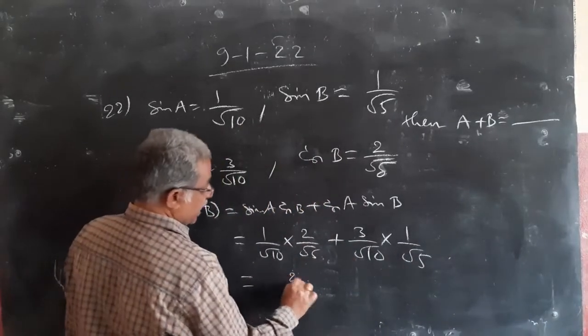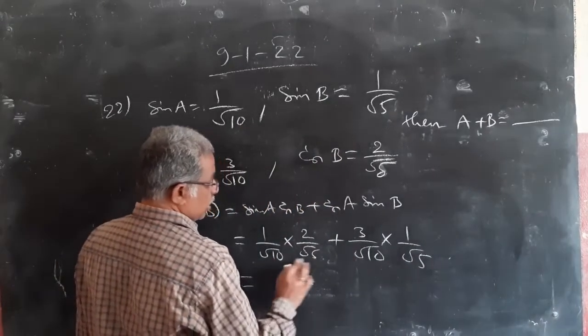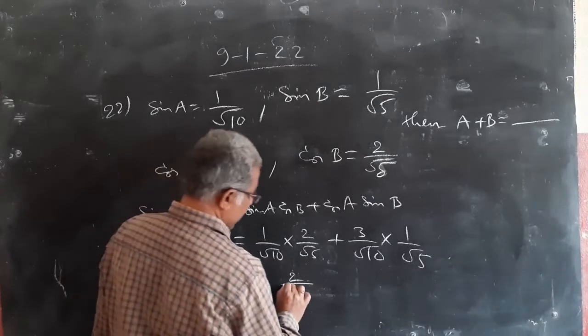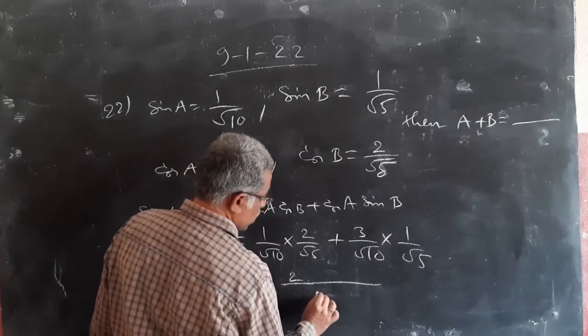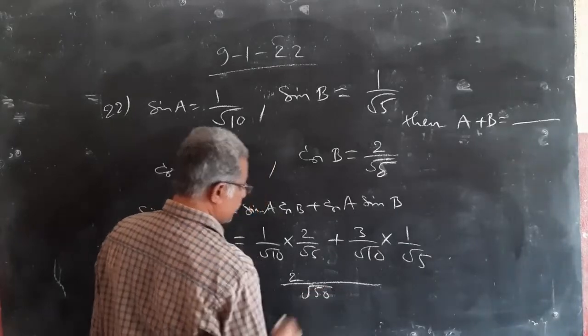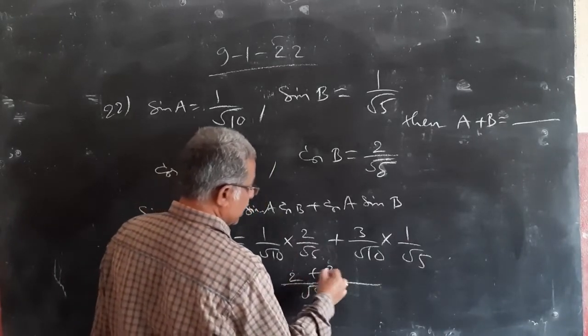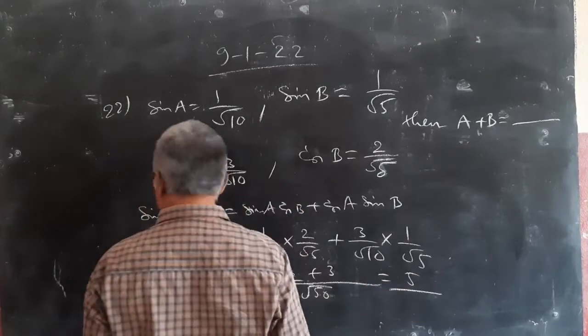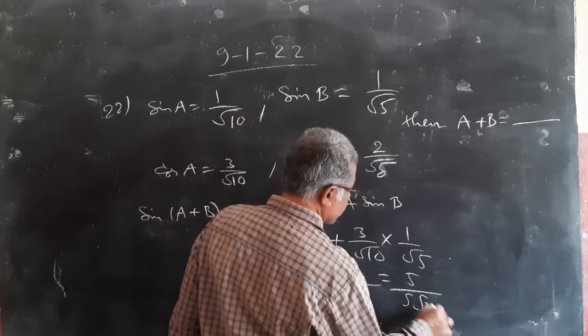So this is 2 by root 50 plus 3 by root 50. If I take LCM as root 50, this is 2 plus 3, 5 by root 50, which I can write as 5 by 5 root 2.